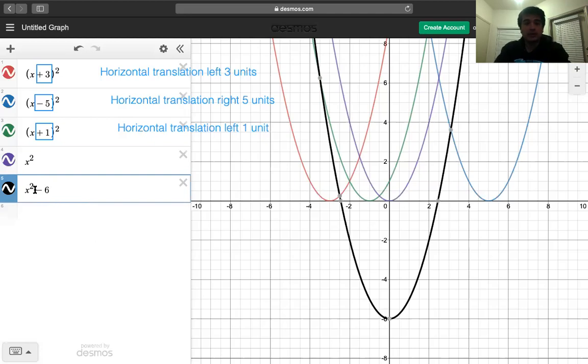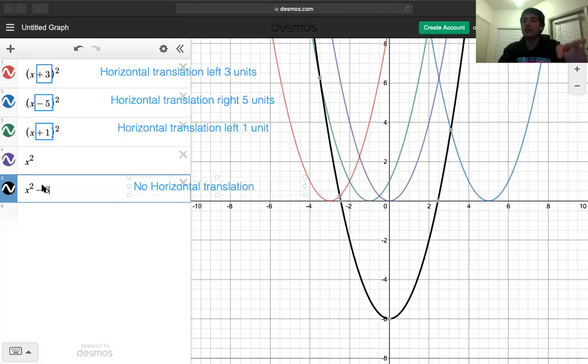So this black one here, does it have parentheses? No, it doesn't. So for this one, what we can say is there is no horizontal translation, okay?